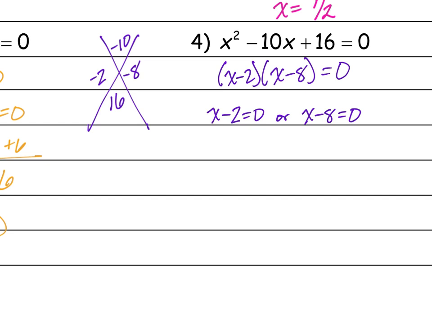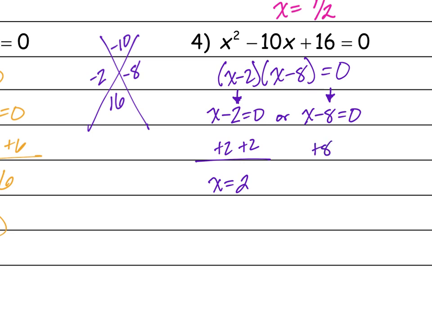So what do I need to do to solve this one? What am I going to do to the first equation? Add 2. Add 2. Beautiful. And I get x equals 2. And what am I going to do to the second equation? Add 8.